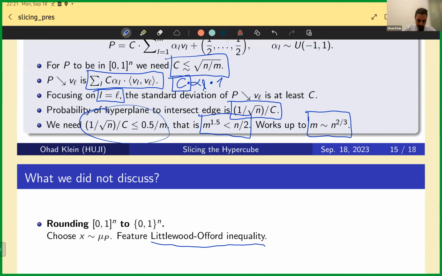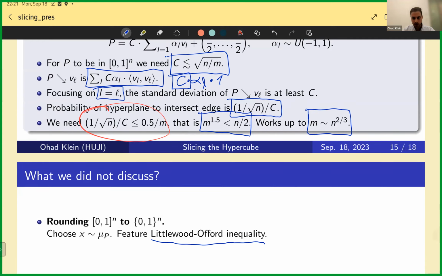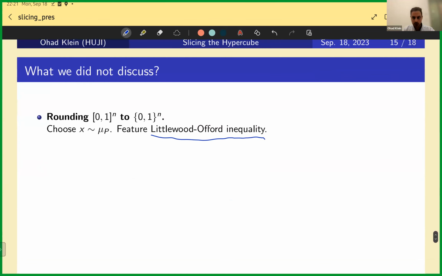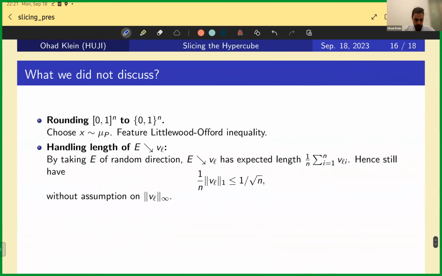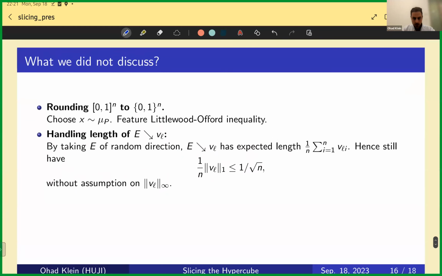This inequality is the crucial thing in the proof, and we substitute it with a Littlewood-Offord type inequality in the full proof. Also, we handle this.